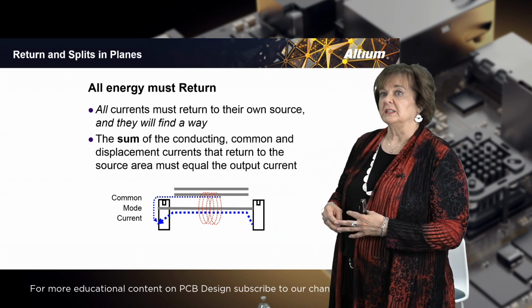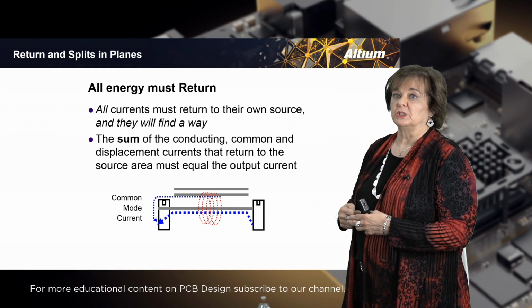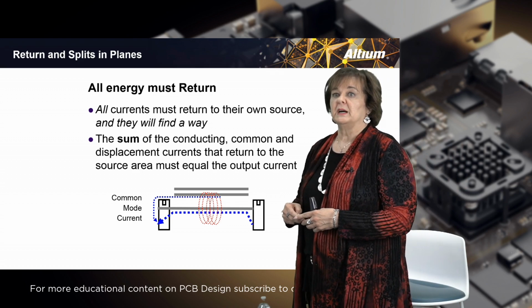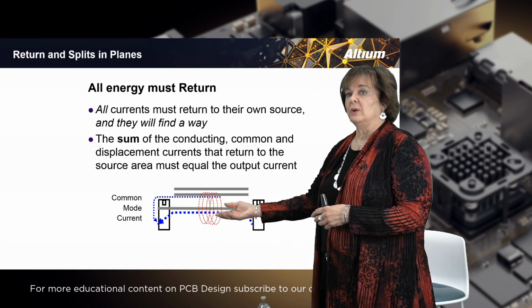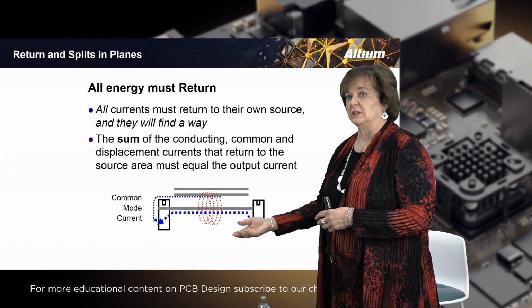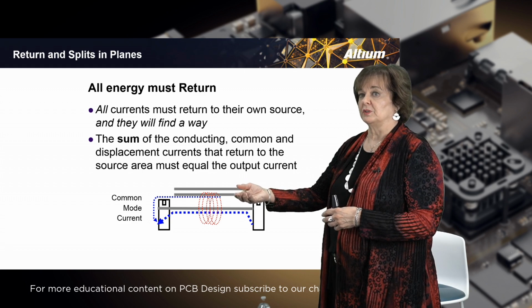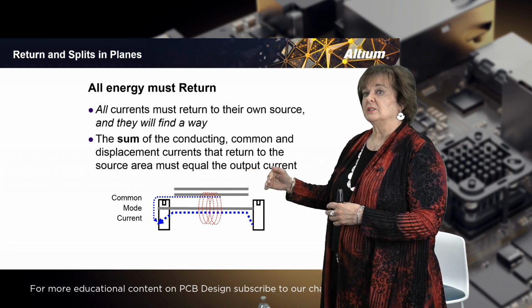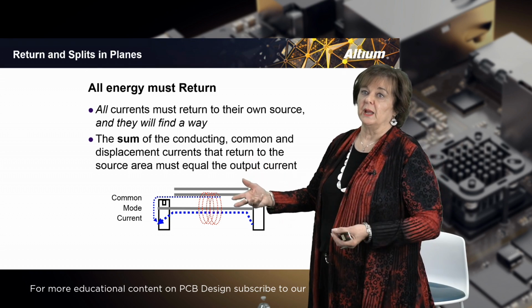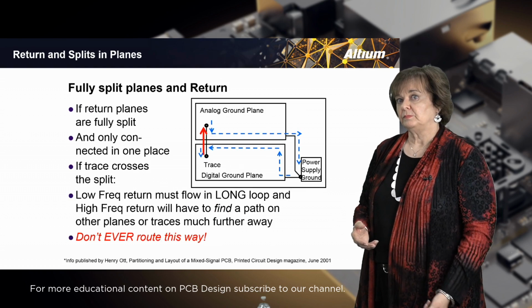So the sum of the conducting, common, and displacement currents that return to the source must equal the output current. When you have a signal that turns on, you have to account for all of the energy, not only the signal and the return, but also if anything bleeds over to something else, you have to be aware that it's going to have to get back too. So the point is to keep everything far away, not to figure out how it's going to return.